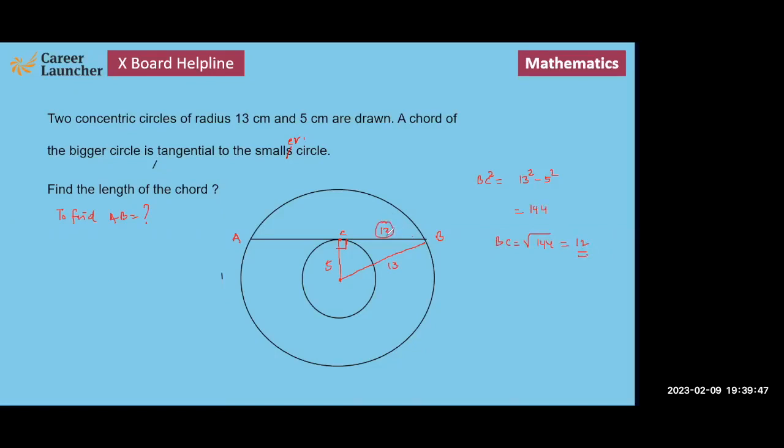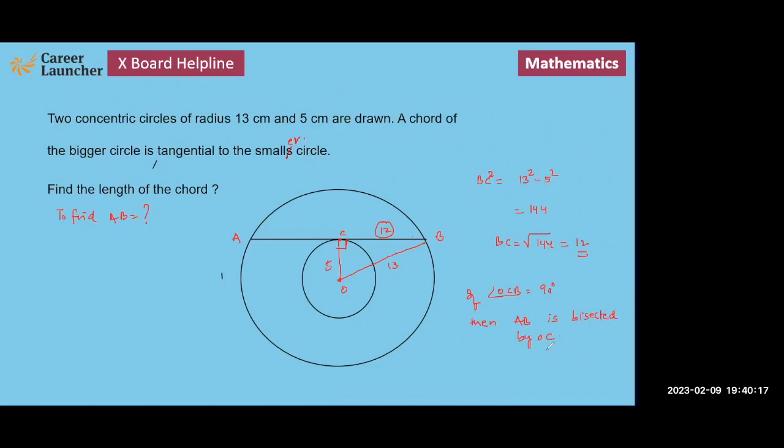Now, what's the property of a line, if you draw, right? So if angle OCB is equal to 90 degrees and O is the center of the circle, it means AB is bisected by OC. We know this property.